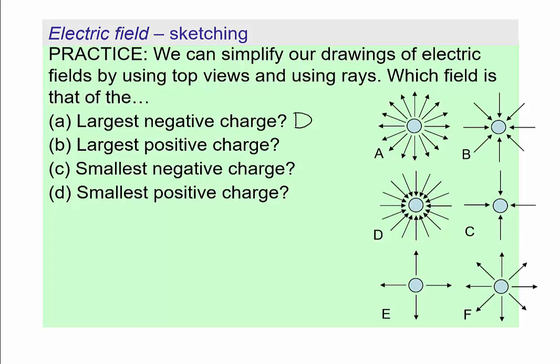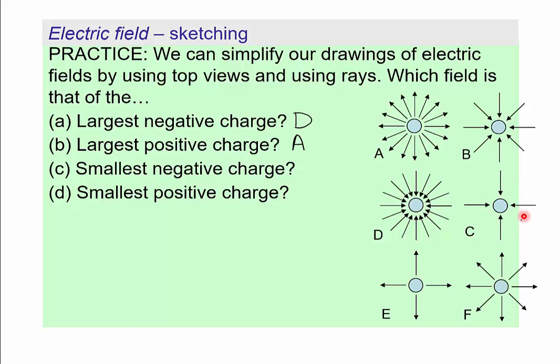For the second one, which has the largest positive charge, it would be the same situation as for the largest negative charge, so there'd be quite densely packed field lines, but they would be pointing outwards. And so of course our answer is A in this case. For the smallest negative charge, again we've got an attraction, so it should be pointing towards the charge, because a positive test charge will be attracted to it.